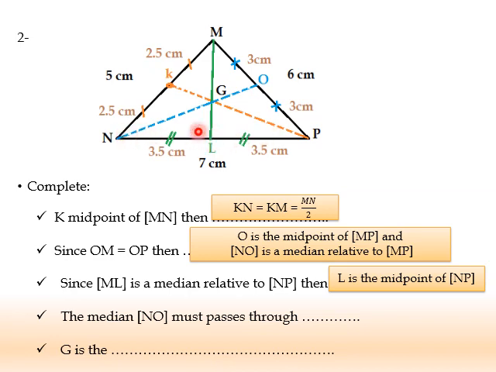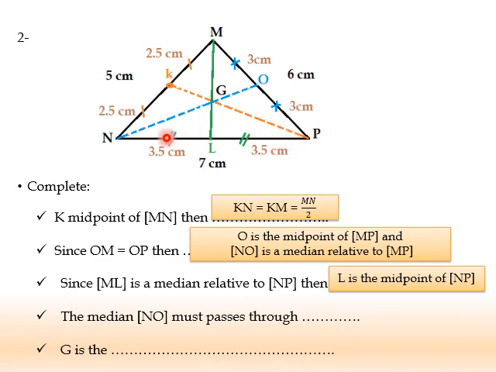L is the midpoint of NP. Again, if L is the midpoint of NP, I can directly say that ML is a median relative to NP. While if the given is that ML is a median relative to NP, I can directly say that L is the midpoint of NP.